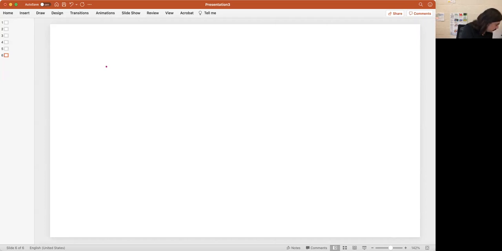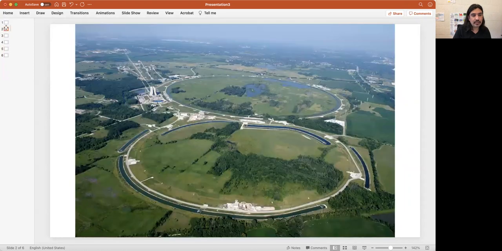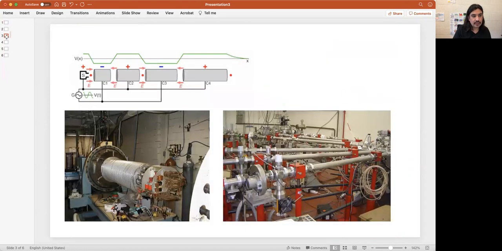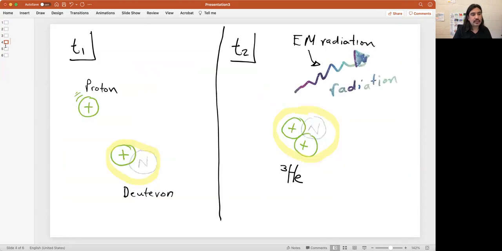The question for you guys: if we have a nuclear reaction, similar to the picture that I put over here, this one, right? This is a nuclear reaction where you have the proton hitting the deuteron, giving you a helium.